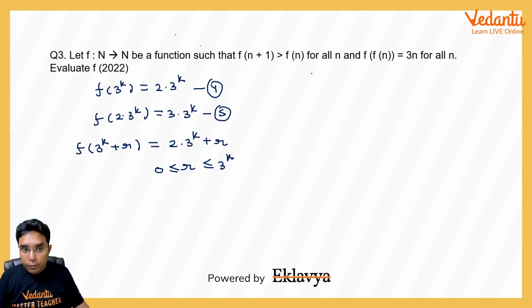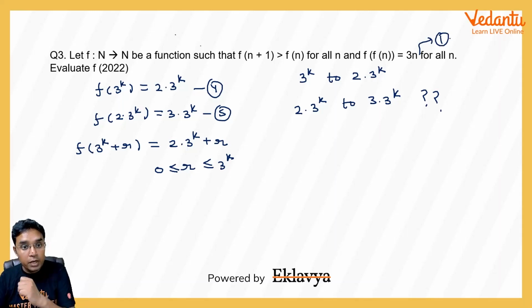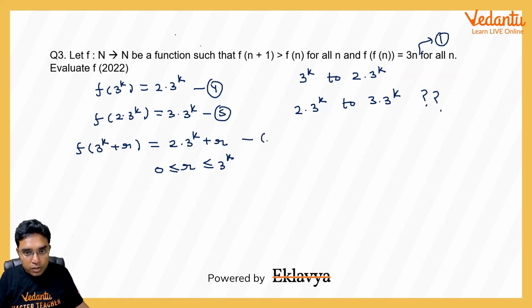Now we have done this for 3 power k to 2 into 3 power k, but what about when my numbers are from 2 into 3 power k to 3 into 3 power k? I think that is what we need to think of. Once again, I think equation number 1 is going to help us here. Please see, if you check the right hand side of equation 6, the value is actually of this form, from 2 into 3 power k to 3 into 3 power k, because my r is lying between 0 and 3 power k.